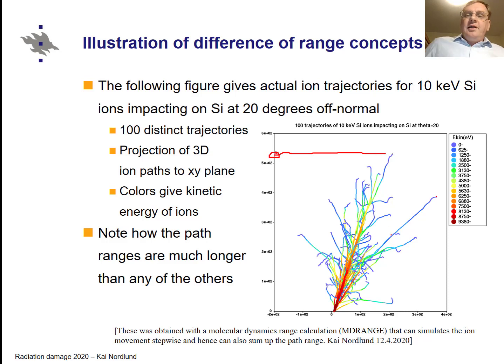And of course, you should realize that in reality this is a three-dimensional effect, but plotting these things in 3D is pretty difficult for a PowerPoint slide, so this is a projection of the actual paths on the XY plane, a two-dimensional plane. And from this plot, of course, it's obvious that the ranges are really not straight.